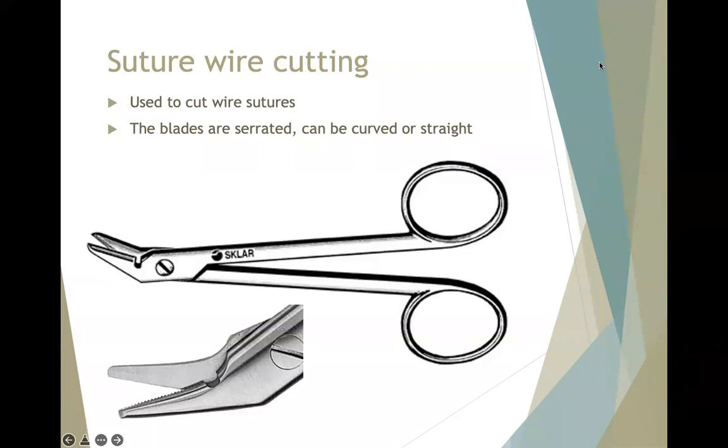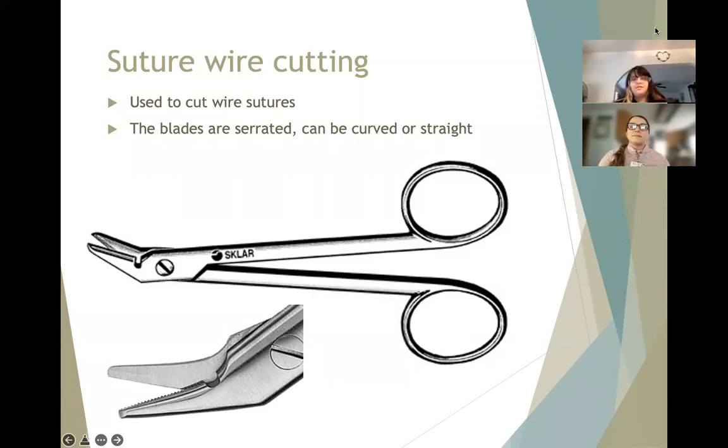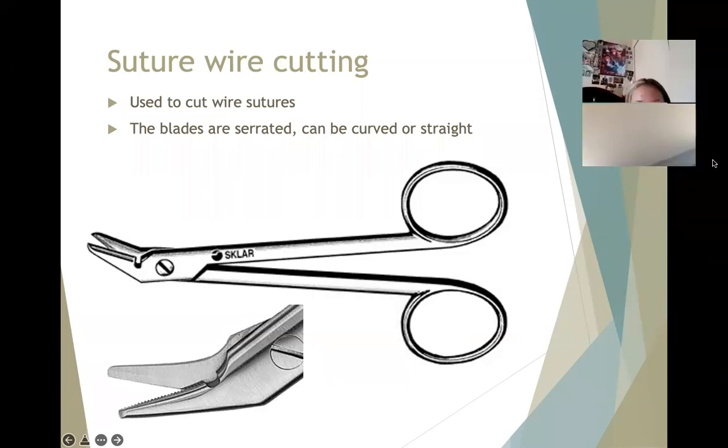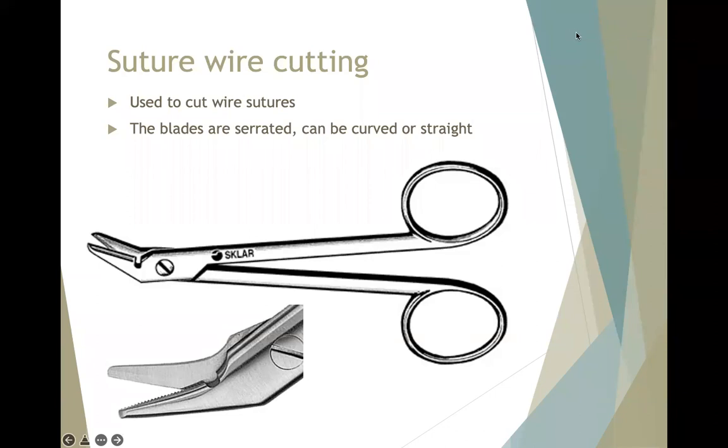Think of a metal wire. I want to see some answers in the chat, and totally just give me a guess. I want to see what you guys think. So where would I use a wire suture? What part of the body would I use a wire suture on? I want to see quite a few responses in here, you guys.